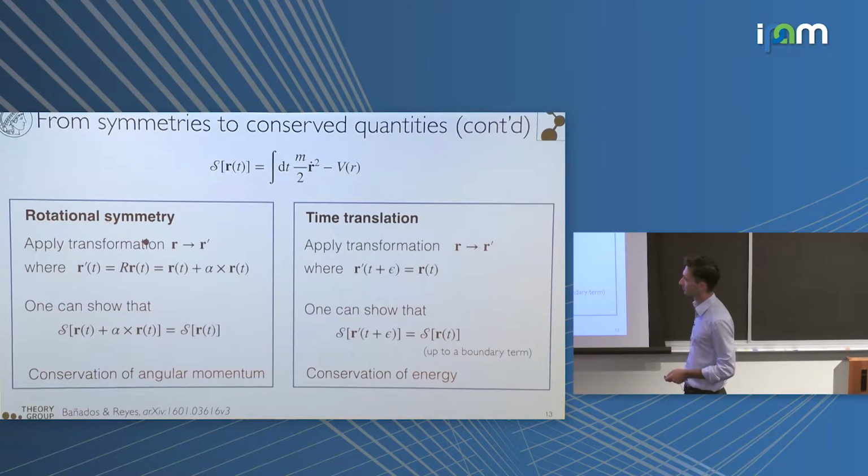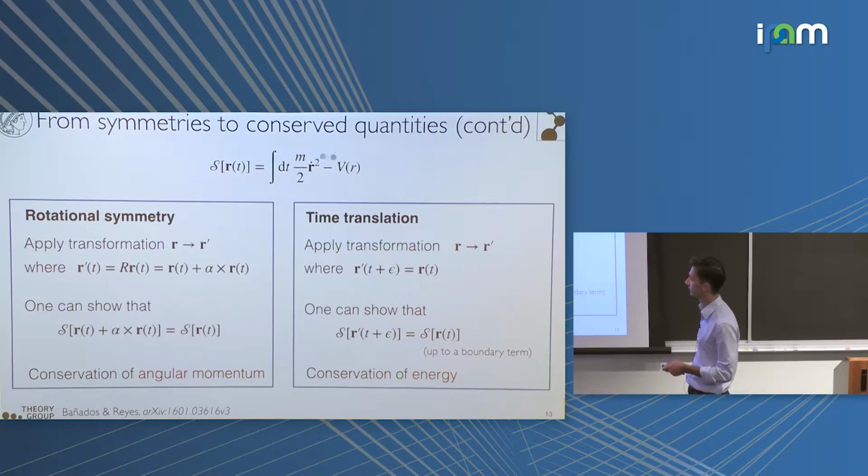If you apply transformation r to r prime, where you apply a rotation matrix, that would lead to this type of behavior where to r you add this alpha cross r, so then you have a vector, and then you add the orthogonal component here. You can show that for any alpha, the S of r plus alpha cross r must be S of r.